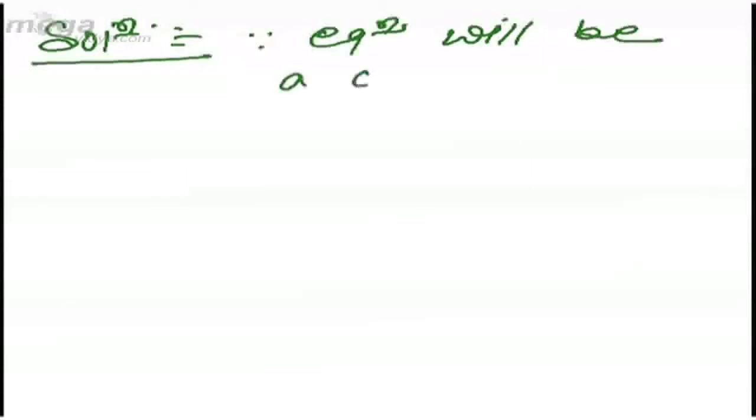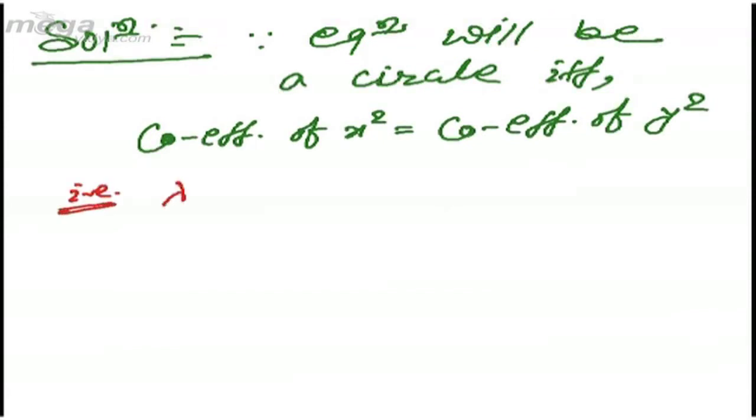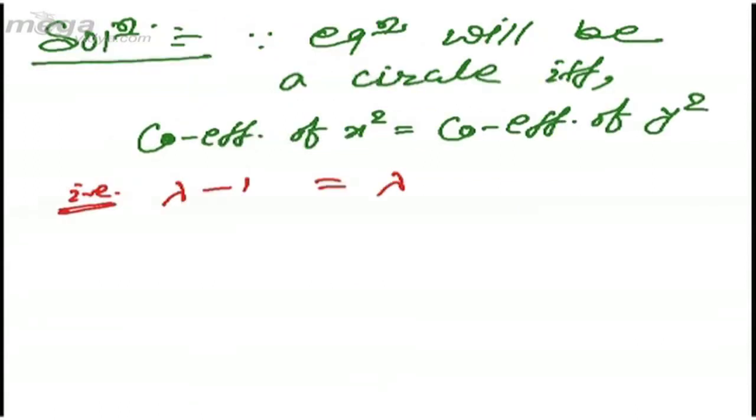So we will write here, the equation will be a circle if and only if the coefficient of x square equals the coefficient of y square. That is, from the question we can see here lambda minus 1 is equal to the coefficient of y square, which is lambda square minus 3 lambda plus 2.